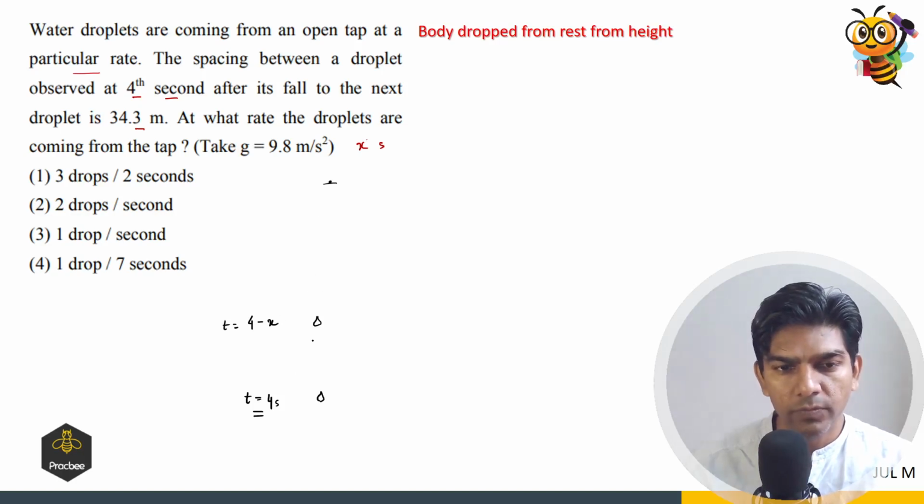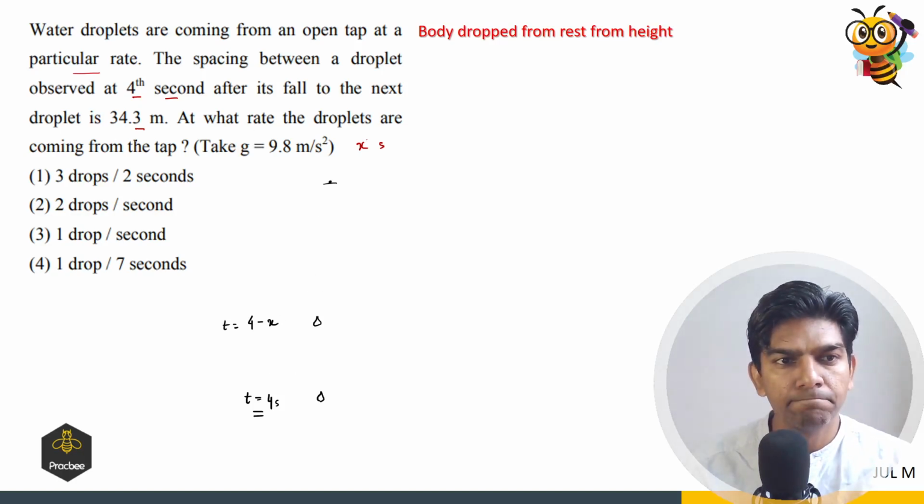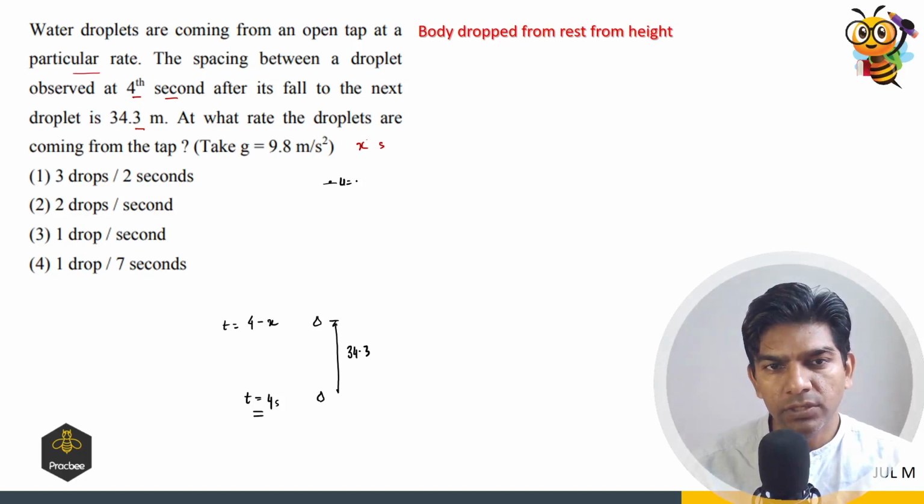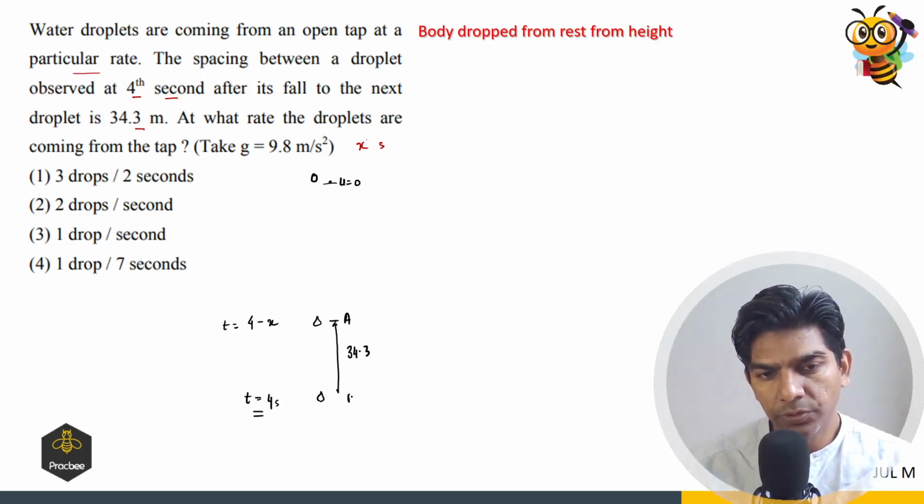So what we have given is that the distance between these two drops is 34.3, right? And the initial velocity was 0. Let me call this point O, this point A, this point B.